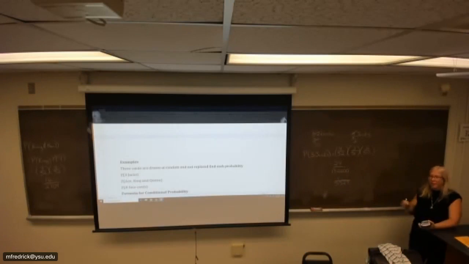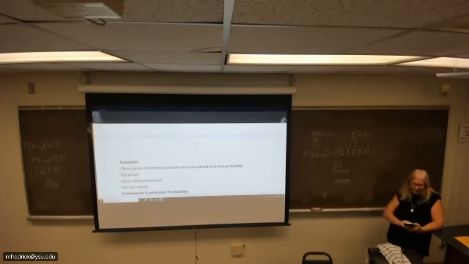I don't know how to do it with the other calculators, but I think they can. I think all you do is divide it and then tell it to give you a fraction and it'll give you it in reduced form. On the test, it does not have to be reduced, but Alex wants it.